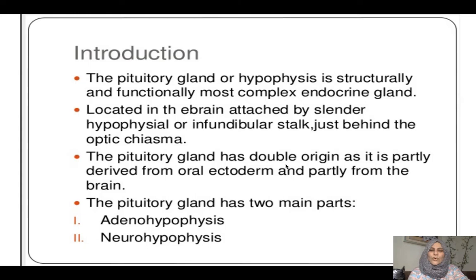We all know that the nervous system controls the endocrine system. Although each of the systems works on its own, together they interact in order to control the endocrine system to secrete the hormones.